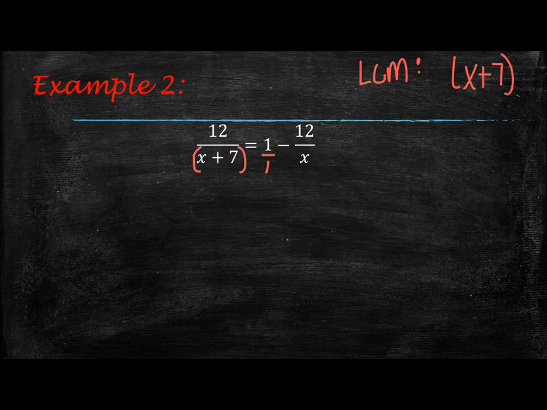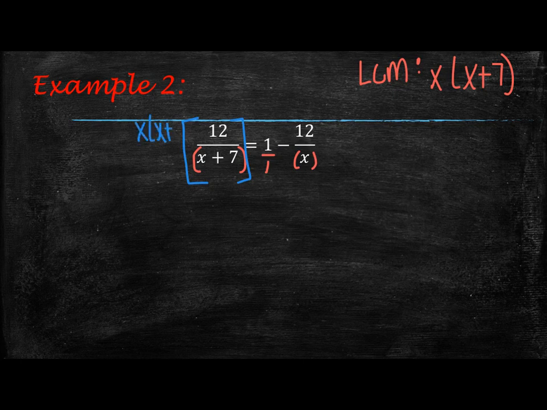The 1 is not going to change anything, and then we also have this x. Now there's nothing that I can multiply times x to get x plus 7, so I do have to take the x as well.